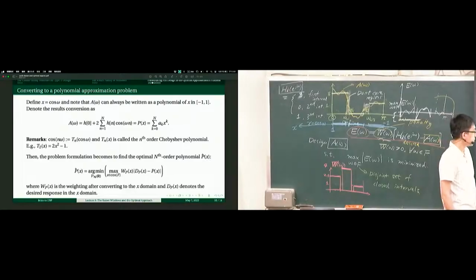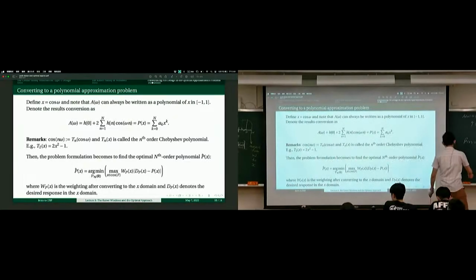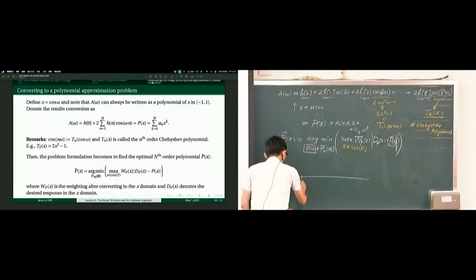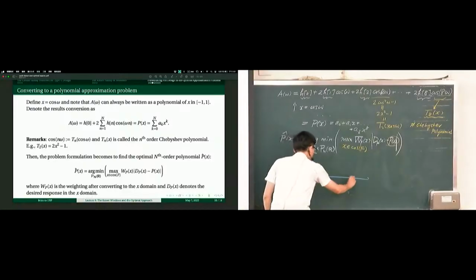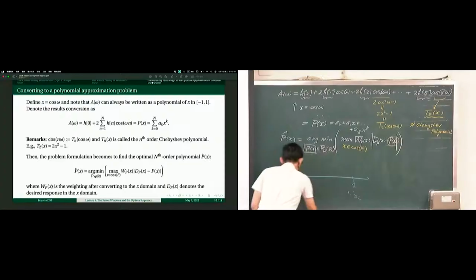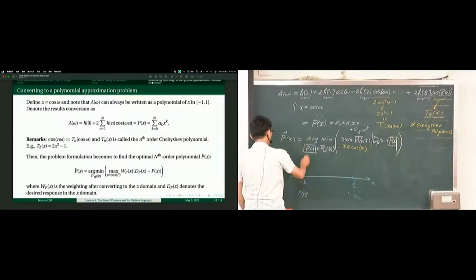Very similarly, in the X domain the lowest X refers to the Nyquist rate, and the highest X is actually DC. This is DC, and this is Nyquist. So in this X domain, we are going to find the polynomials.